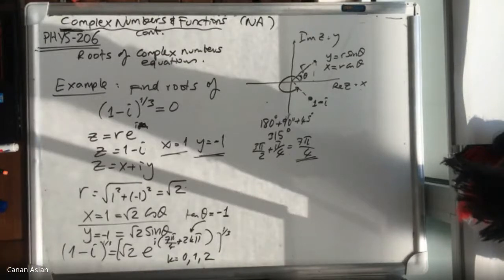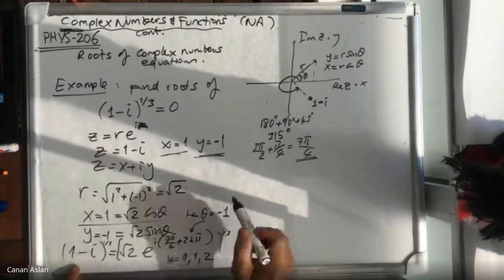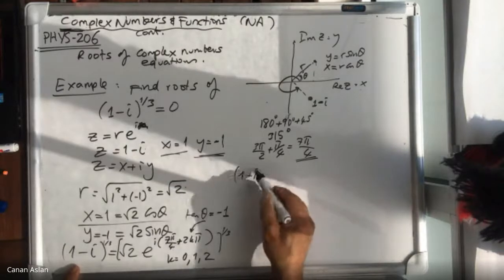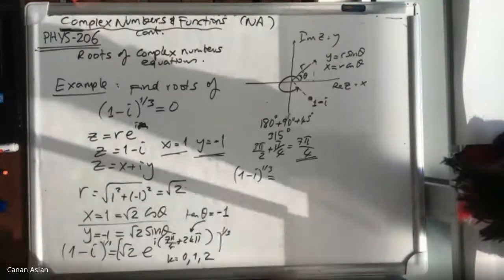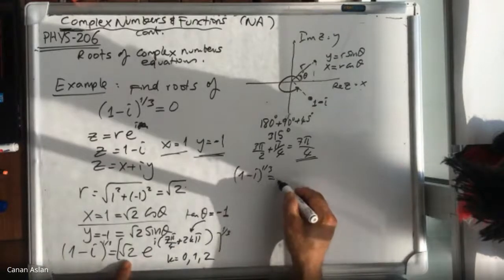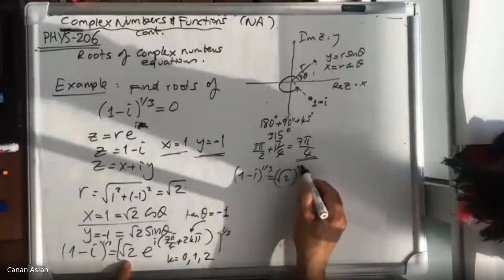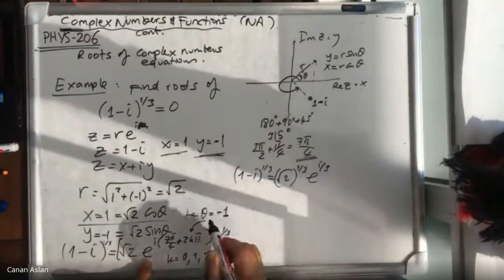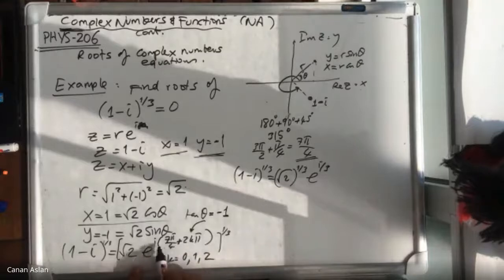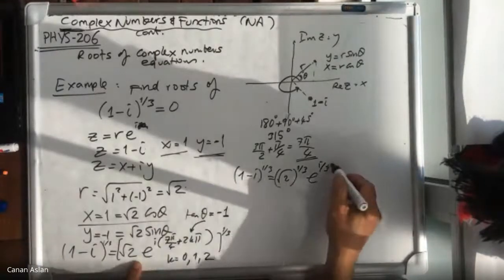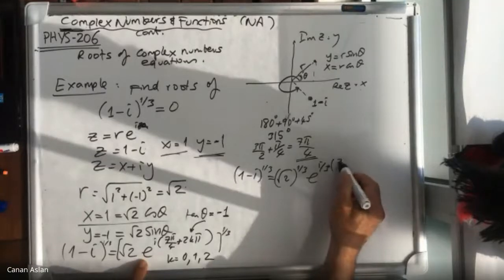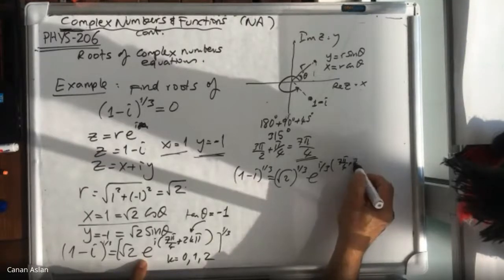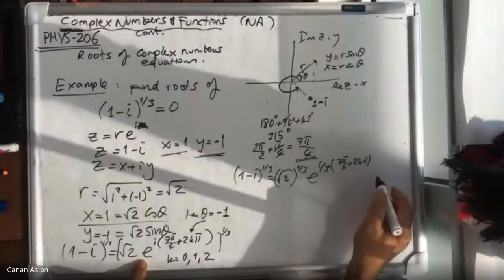So now, the cube root of 1 minus i will be equal to the cube root of square root of 2 times e to the i over 3. Taking the cube root of this exponential is just multiplying the exponent by 1 over 3. So it's i over 3, then (7 pi over 4 plus 2k pi). Okay, so this is it.